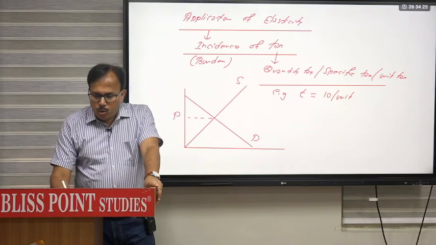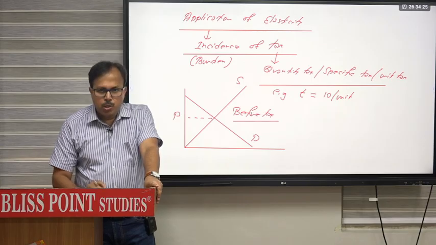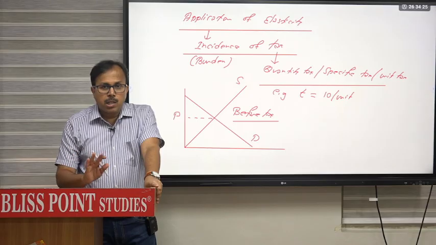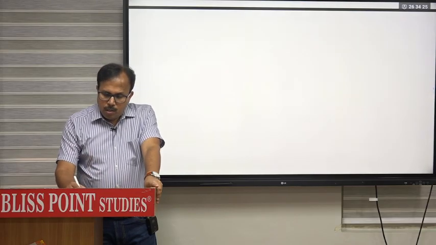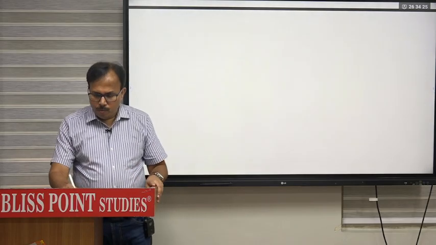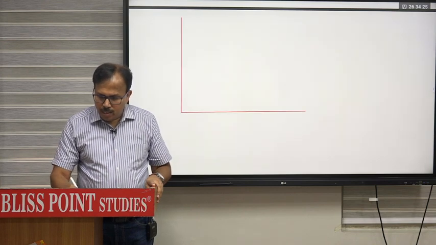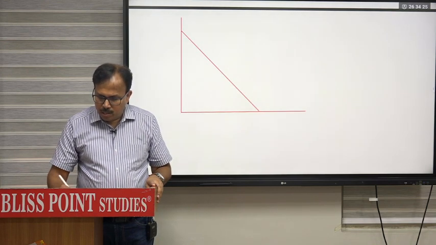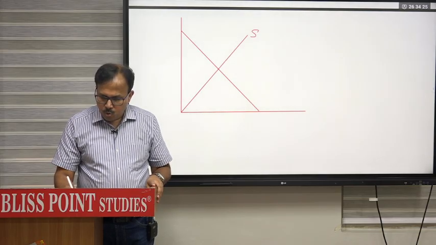So this is your before tax position. ये टैक्स से पहले का पोजीशन. टैक्स के बाद का पोजीशन क्या होगा वो एक्सप्लेन करना है. Just see this. I will follow this with a numerical example also. So without any tax, for any given demand and supply function, you can calculate the price. So there will be a price without any tax.